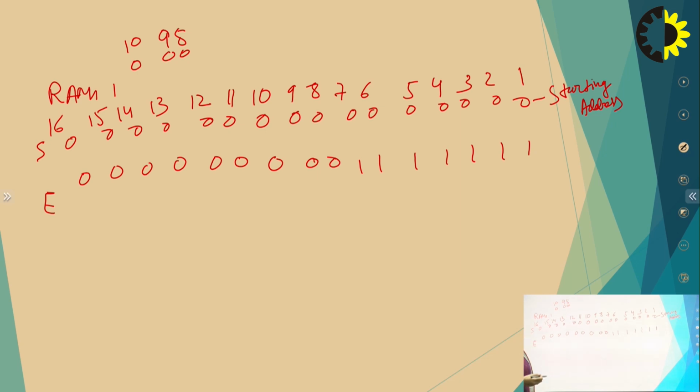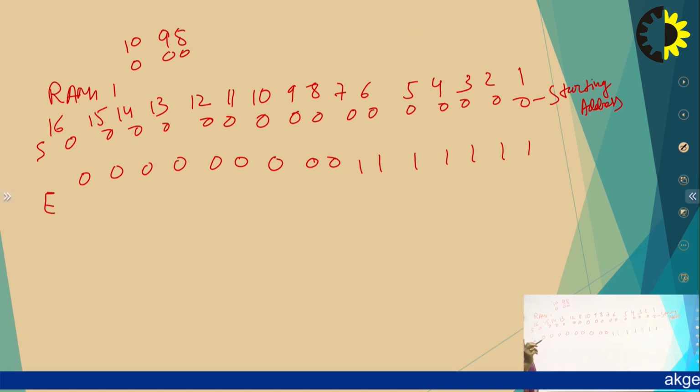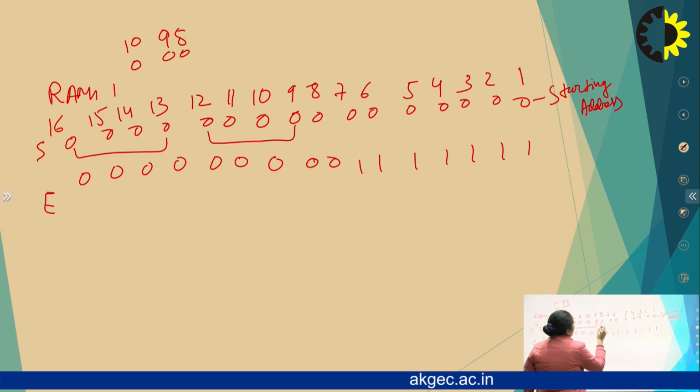So, how will we define it in hexadecimal? As we know, when converting data from binary to hexadecimal, we make groups of 4.